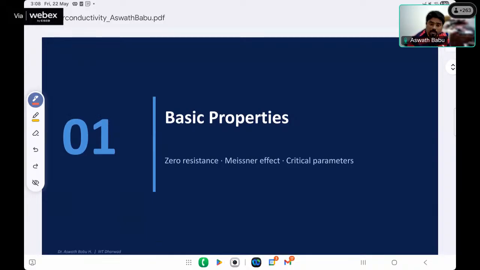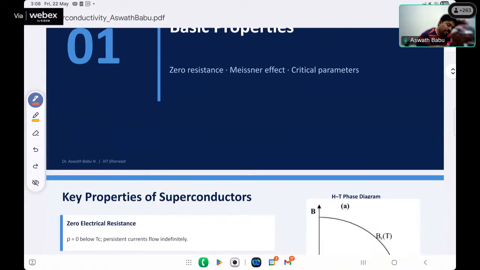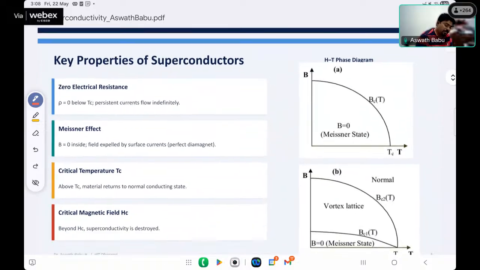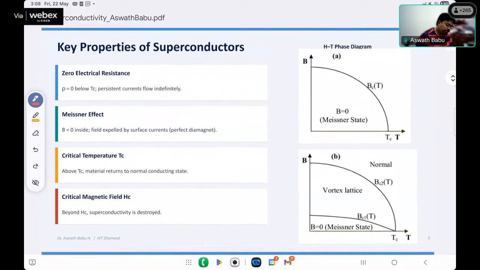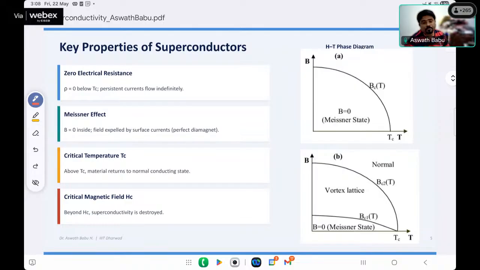Okay, coming back to superconducting materials, the basic properties are zero resistance, diamagnetism, that is the Meissner effect, and critical parameters, based on which they behave depending on the temperature. You see, I have listed them systematically here. If I draw temperature versus applied magnetic field, there is a phase diagram. As the temperature increases, the critical magnetic field reduces.